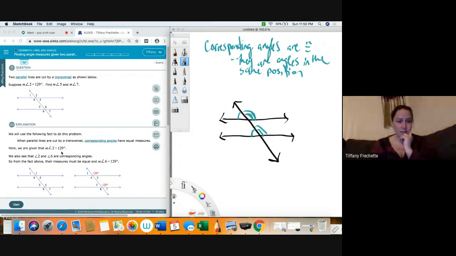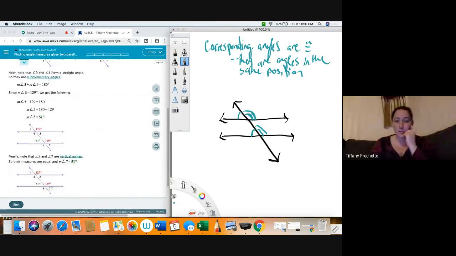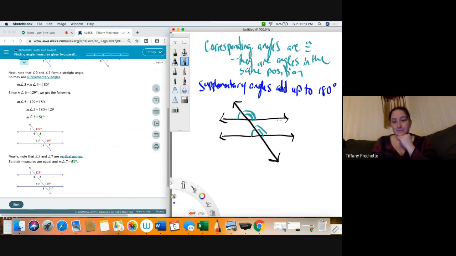Let's see. We also have supplementary angles, which we've already dealt with a little bit here. So supplementary angles add up to 180 degrees.